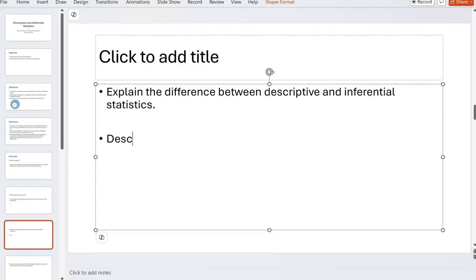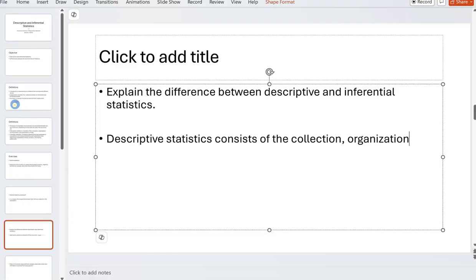Descriptive statistics consists of the collection, organization, summarization, and presentation of the data.